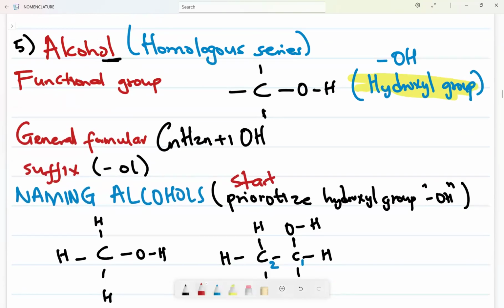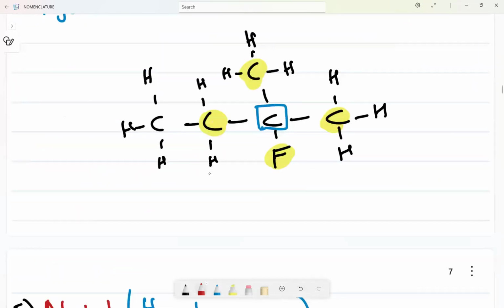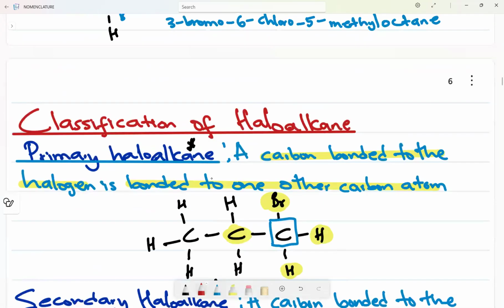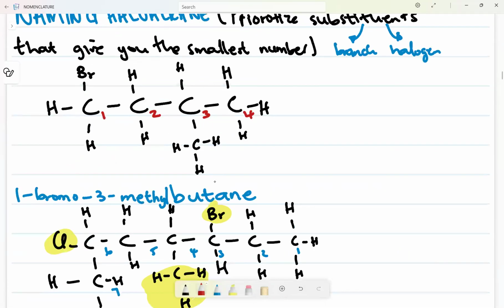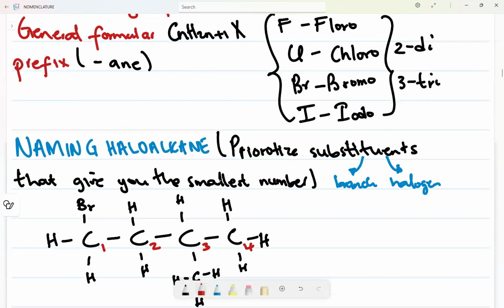Start numbering from prop. Okay, we start numbering from prop. Let me see also here. Also for the haloalkanes, I start numbering from prop.